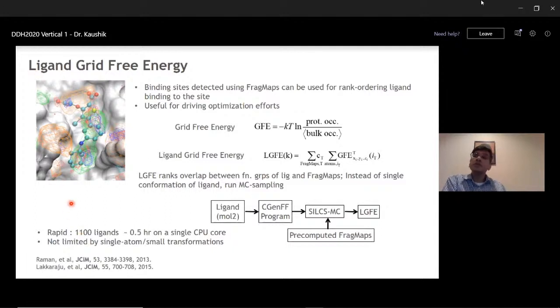With respect to SILCS's approach of using fragments to run the simulation, that is the most expensive part of the calculation. You pre-compute those fragments, run the long time scale grand canonical Monte Carlo molecular dynamics simulation, and get the frag maps. Once you have the frag maps, running this ligand grid free energy using those frag maps is almost instantaneous. This is where that number is coming from.